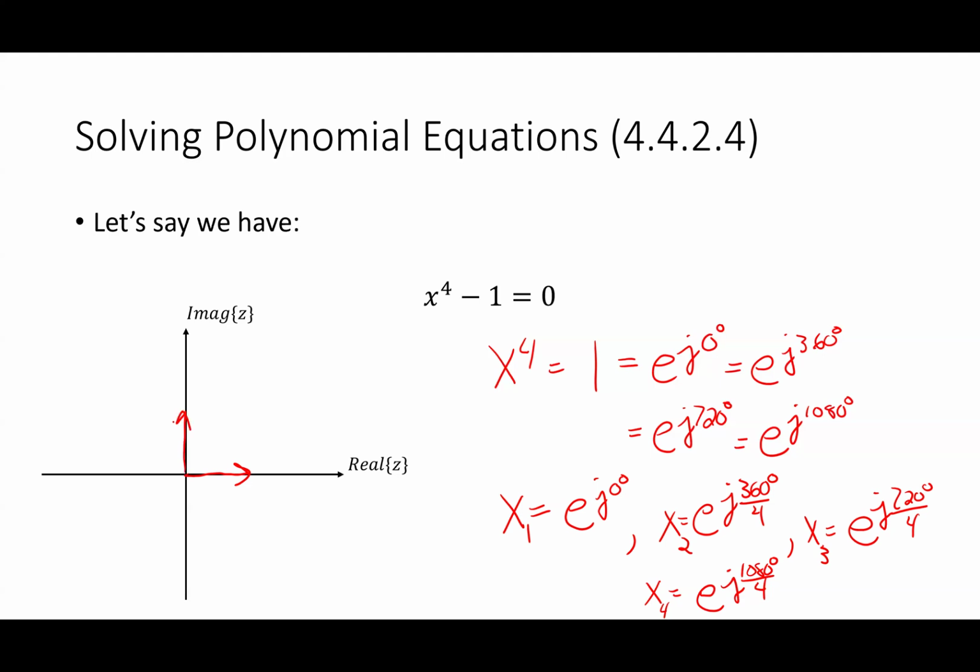What about e to the j 720 divided by 4? That's 180, so it points over this way. And the other one, without even doing the math, points straight down. This is x1, x2, x3, x4.